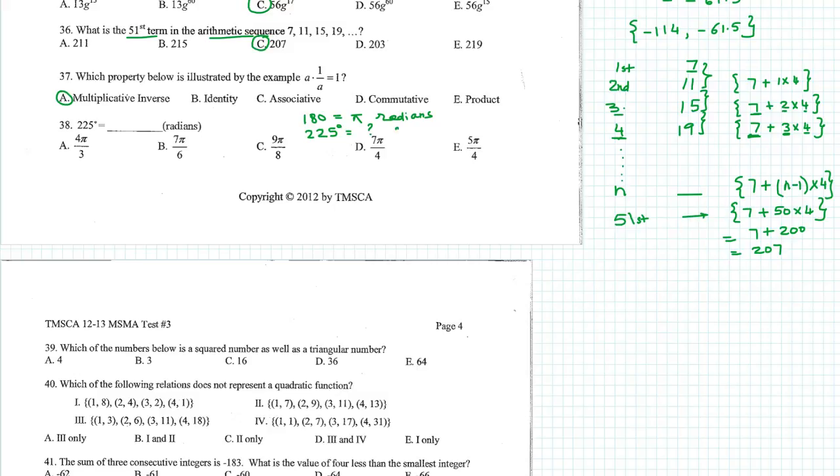Let's call this x radians. Now we can cross multiply. So 180 times x is equal to 225 times pi. In order to find x, we divide both sides by 180.